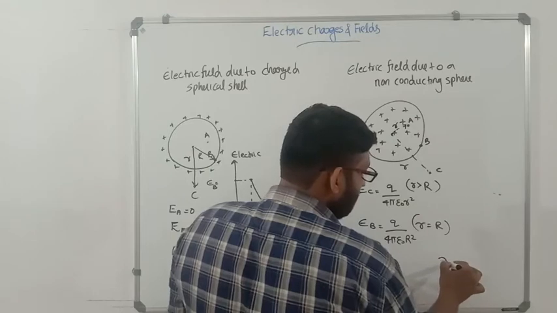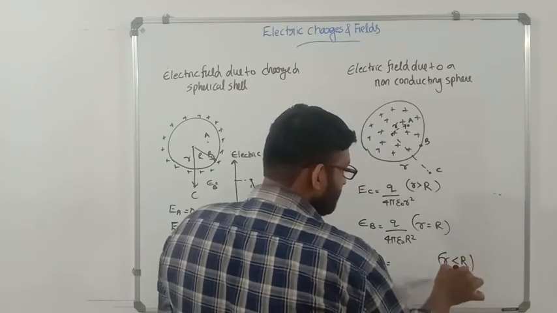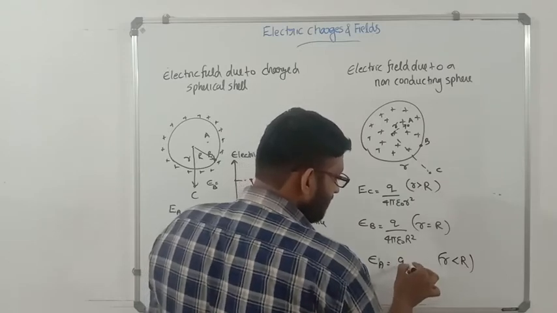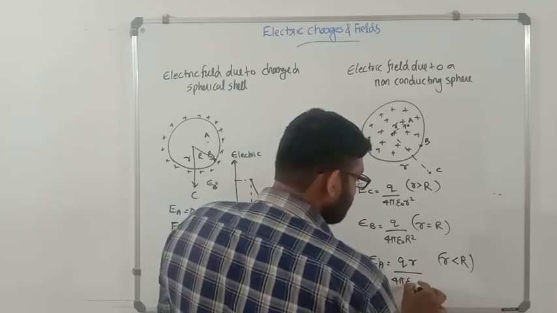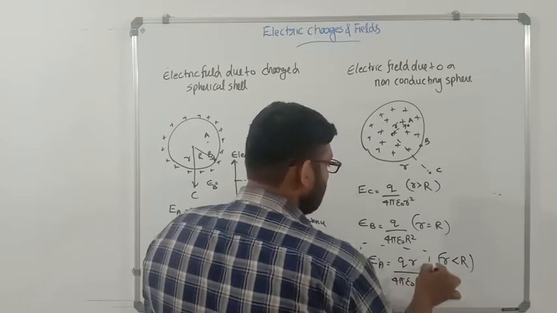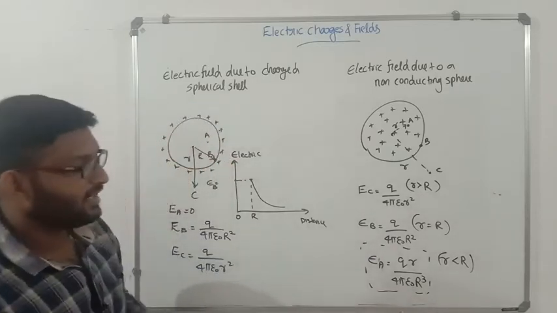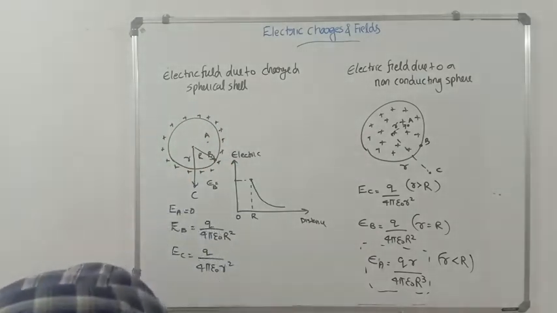And this r, we know that it is less than capital R. In this situation, we have to use an equation Qr divided by 4 pi epsilon 0 R cube. This is what we can do while we are doing problems regarding electric field inside the point. So please note down that.